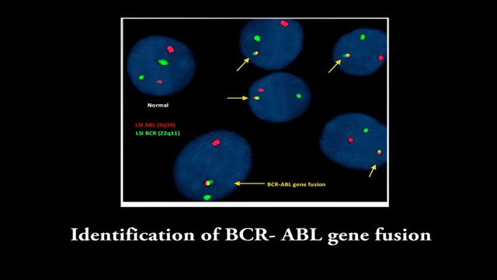The ABL1 half of the encoded fusion protein exhibits high tyrosine kinase activity, which is mainly responsible for CML-associated phenotypes.